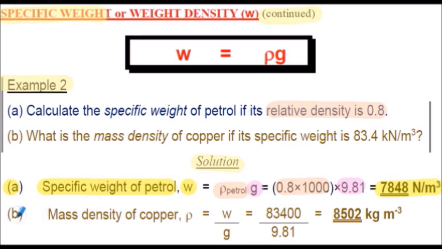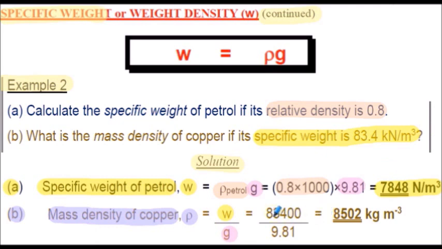And part B, we've got to calculate the mass density of the copper, the symbol ρ. And in the question, we're given the specific weight of the copper, 83.4 kilonewtons per meter cubed. So basically I've rearranged the above equation of W equals ρg, divided both sides by g, so ρ is equal to W divided by g.